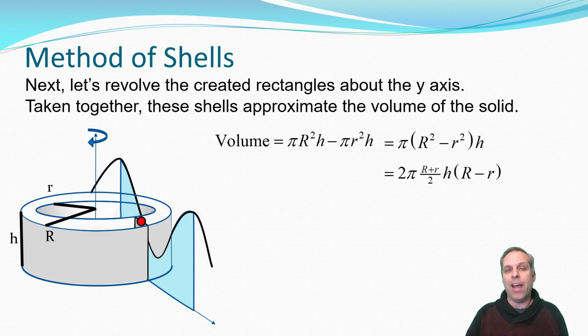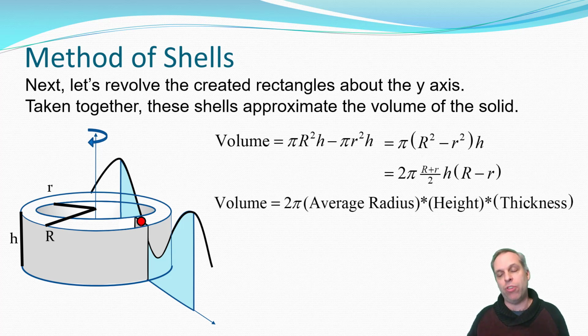Because then I have capital R plus little r divided by 2. That's the average of the radii. And then you have capital R minus r, which winds up being the thickness of the shell. So we see that the volume of the shell should be 2 pi times the average radius times the height of it times the thickness of that shell.